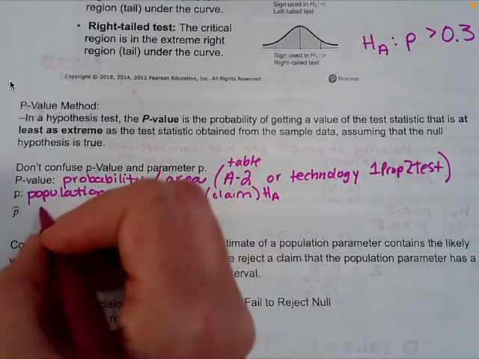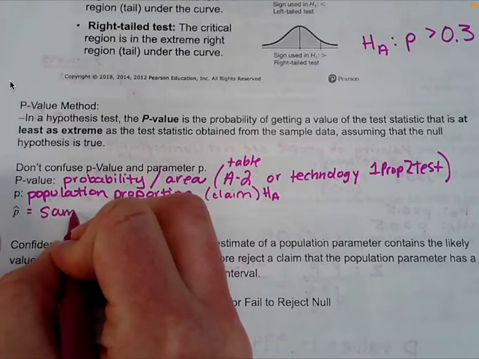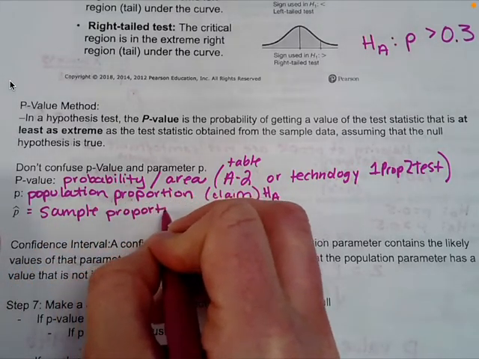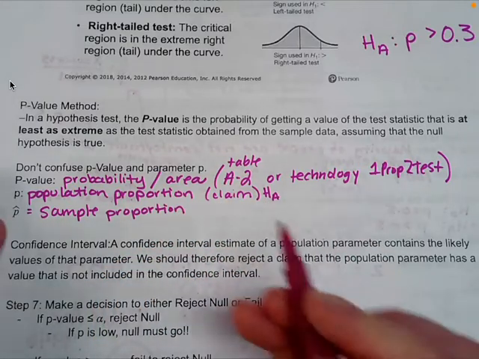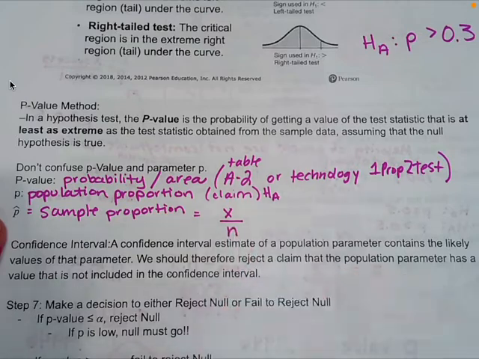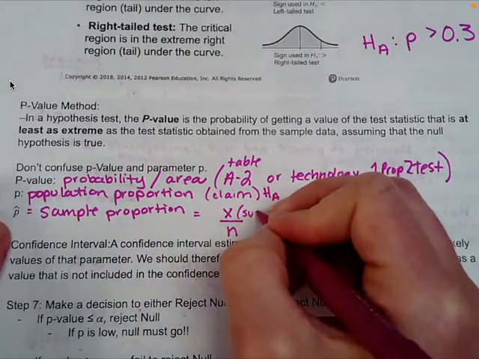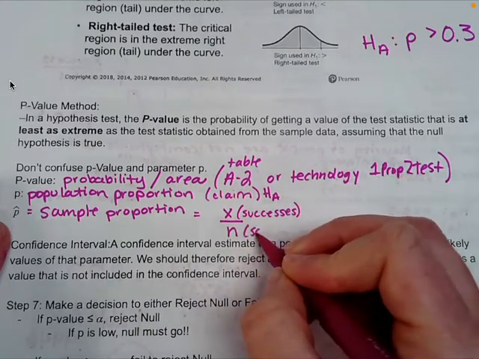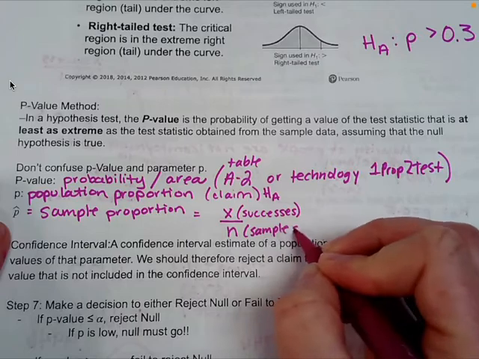And p hat is our sample proportion, which is found by doing x over n. x is how many are considered successes, and n is your sample size or trials.